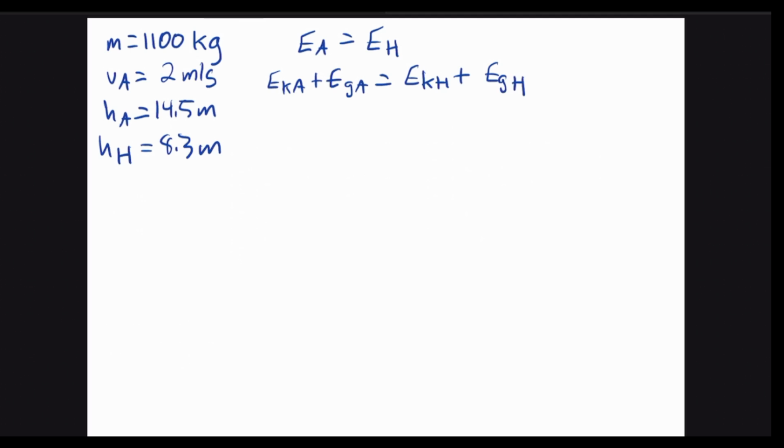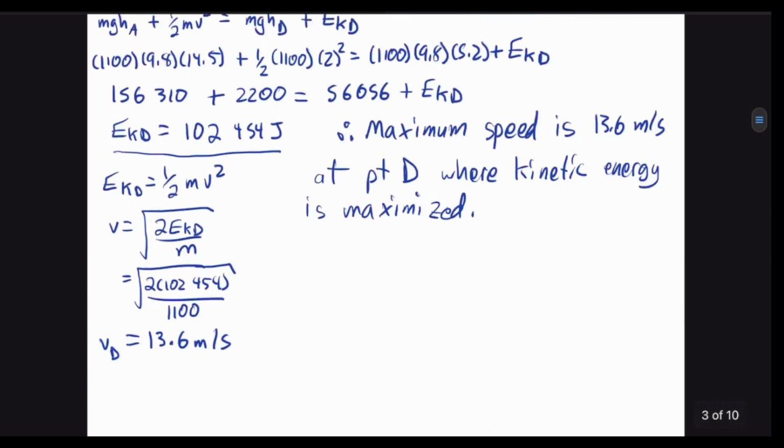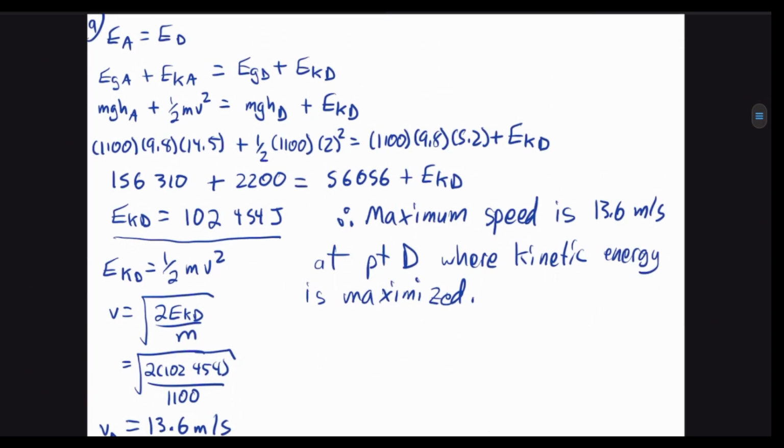Now we do have one advantage here. We've already found the sum of the energies, or the total energy at point A, in question A. So this is question B. This was question A. And so if we take a look, our total energy here at point A is going to be, I didn't actually find the total here, but we can add that up really quick once again.